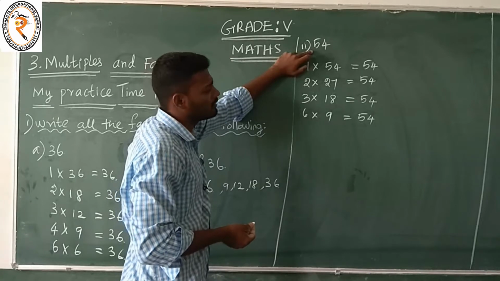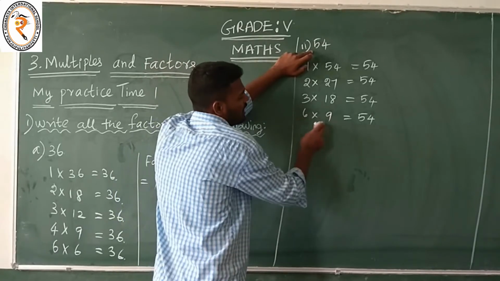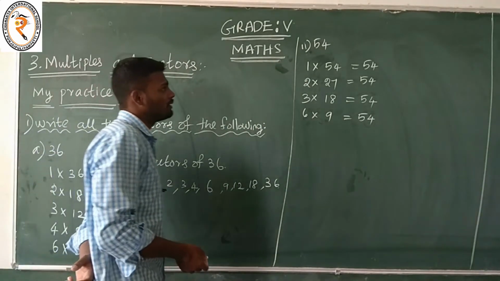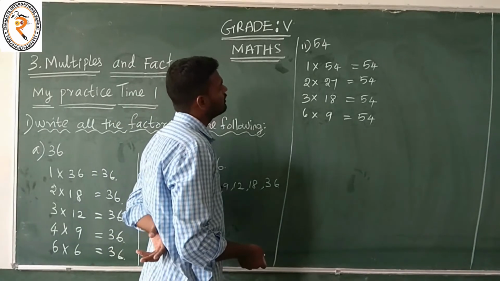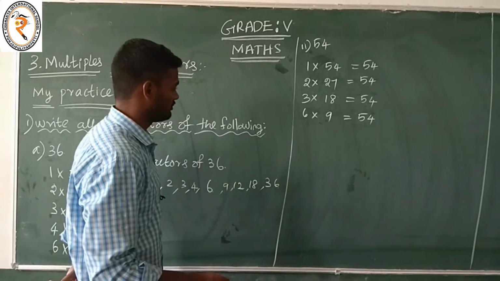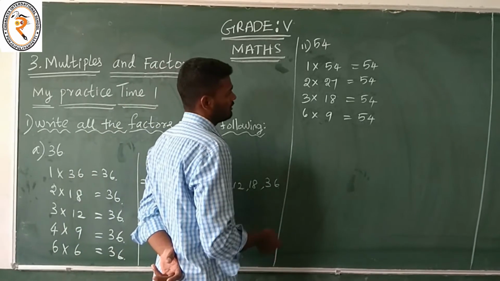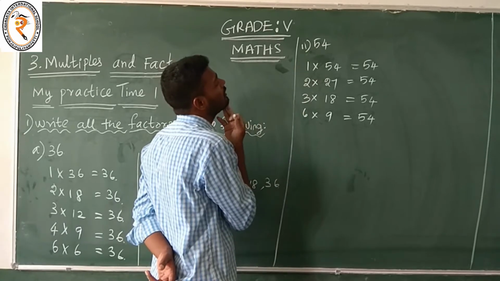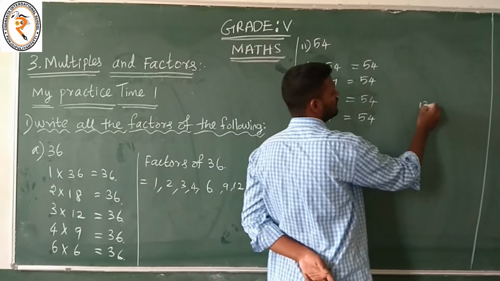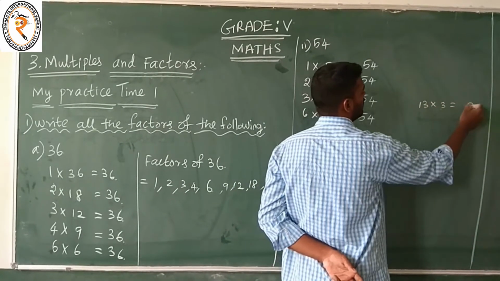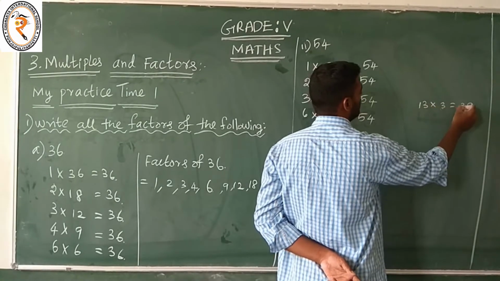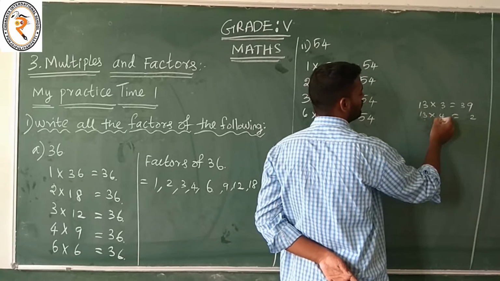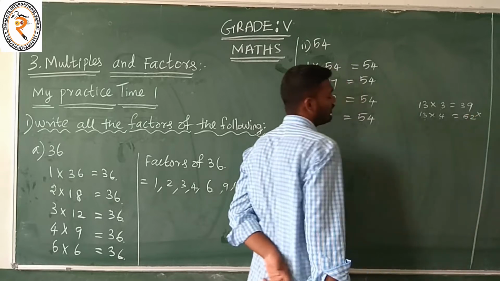And 9th table, 9 6s are 54. The 10th, 11th and 12th tables do not have 54. Next, 13th table: 13 3s are 39, 13 4s are 52, balance 2, so not in the 13th table.